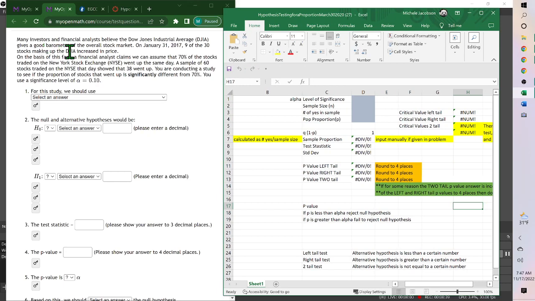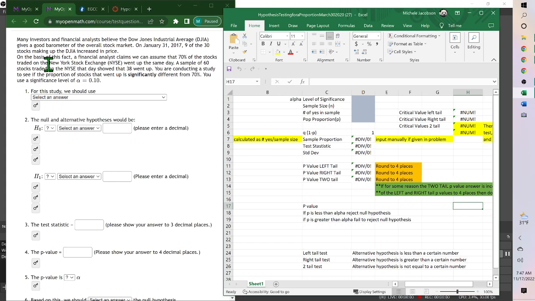Many investors and financial analysts believe the Dow Jones Industrial Average gives a good barometer of overall stocks. On January 31st, of the 30 stocks making up the DJIA increased in price.